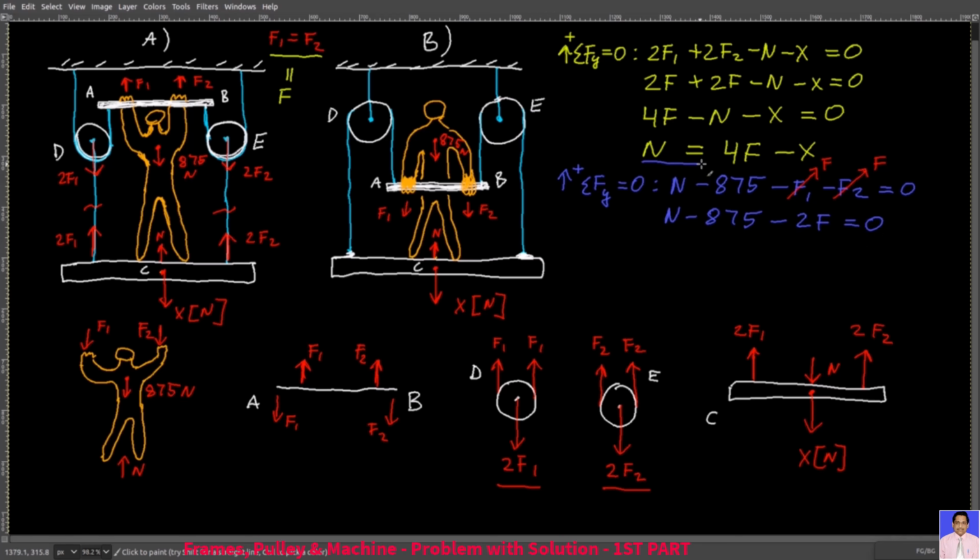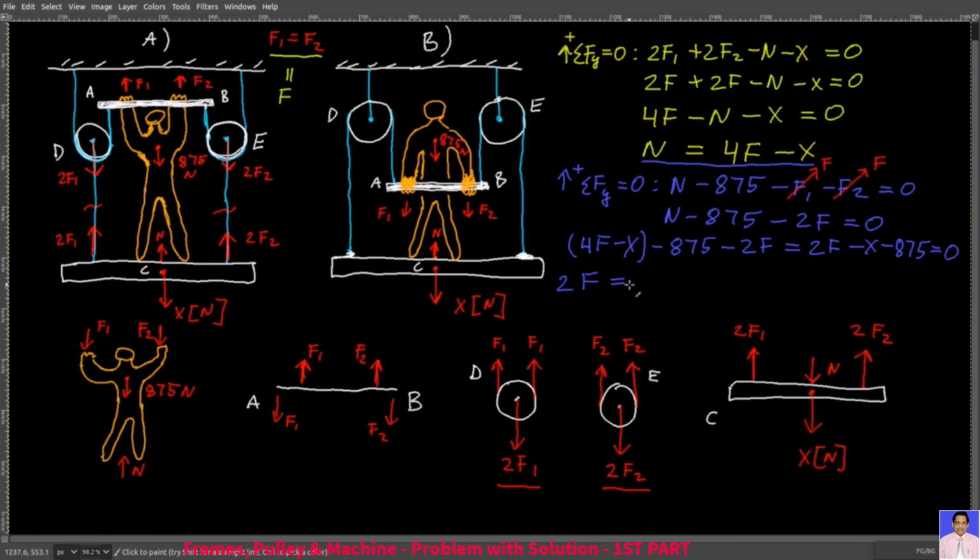Since you know that N equals 4F minus X, you can replace this N with that, and so you will have 4F minus X minus 875 minus 2F. That will be 2F minus X minus 875, and that will be 0.